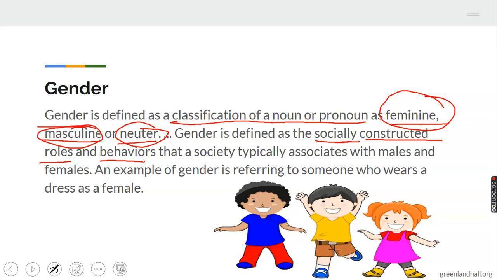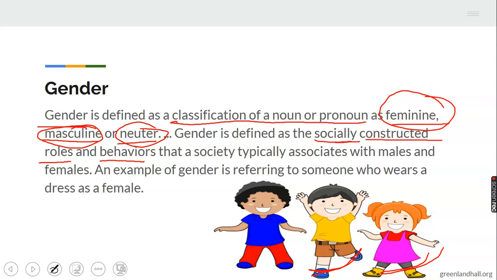When we talk about gender here, it means what is expected of boys and what is expected of girls. What they are expected to do or portray. Okay, what the society expects from them.